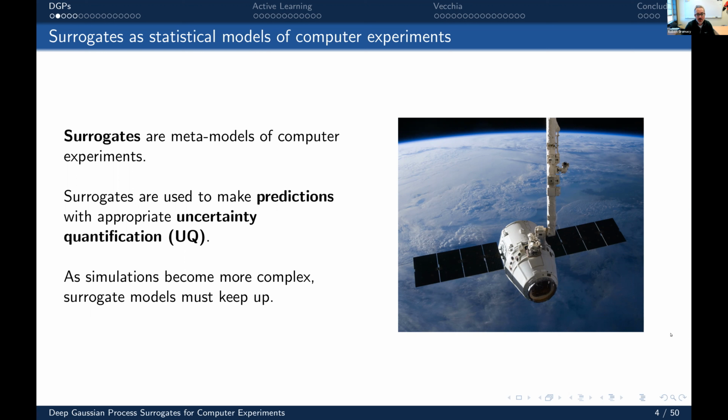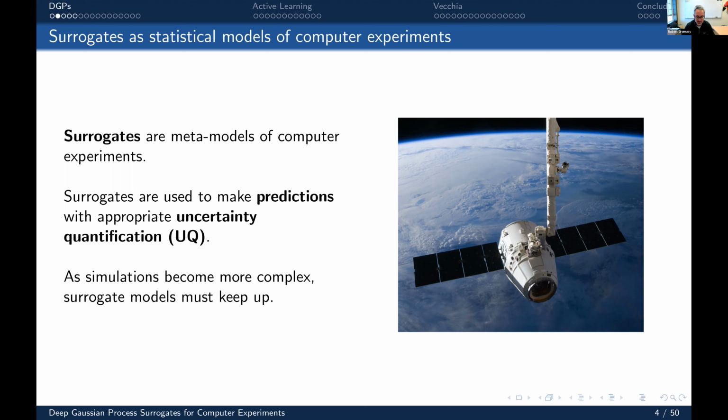Some properties that a good surrogate or a good meta model should have is that it should furnish predictions at novel inputs that are accurate and have appropriate uncertainty quantification. As the computer codes and the mathematical models become more complex, the surrogate modeling infrastructure has to adapt.